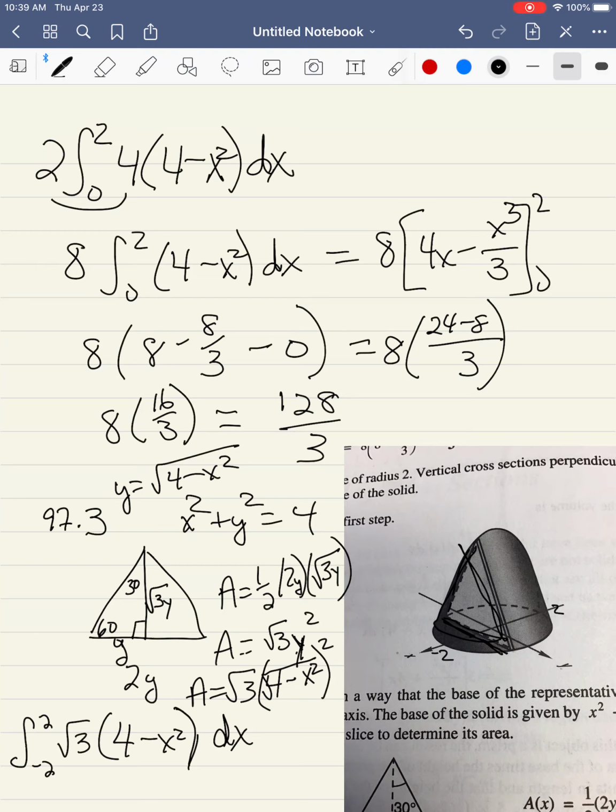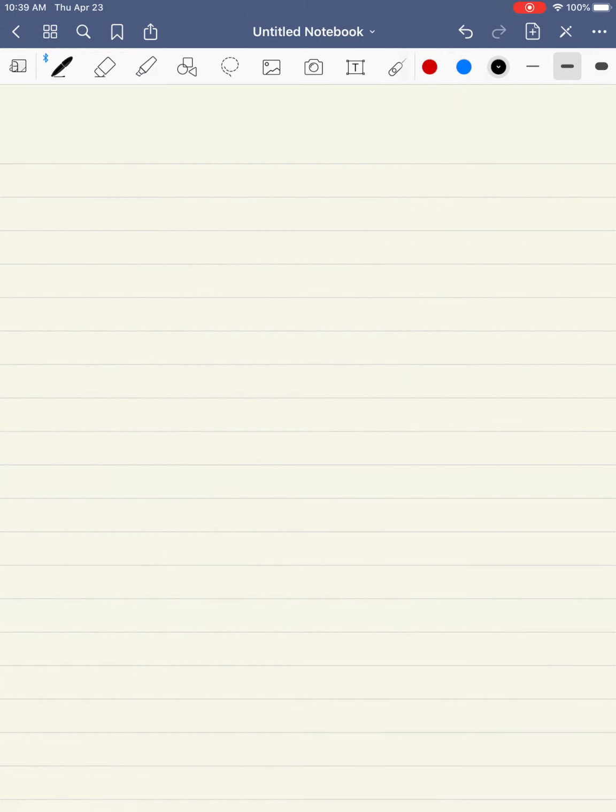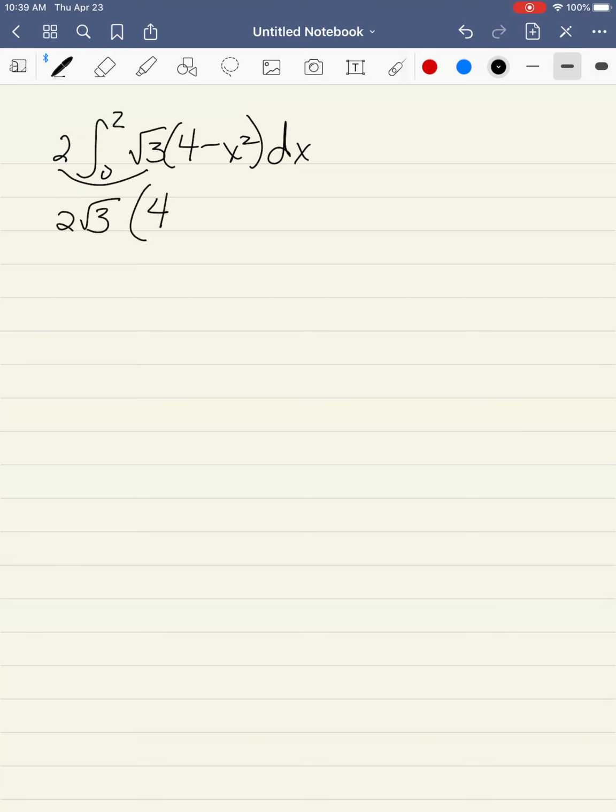Now, again, we can simplify matters by taking 2 times the integral from 0 to 2 of the square root of 3 times 4 minus x squared. And this is also a constant, so let's pull it out. And we can integrate this and get 4x minus x cubed over 3 evaluated from 0 to 2.